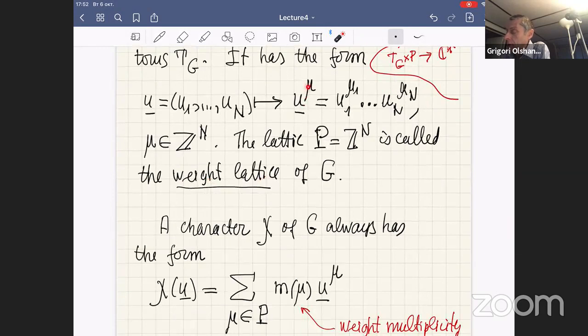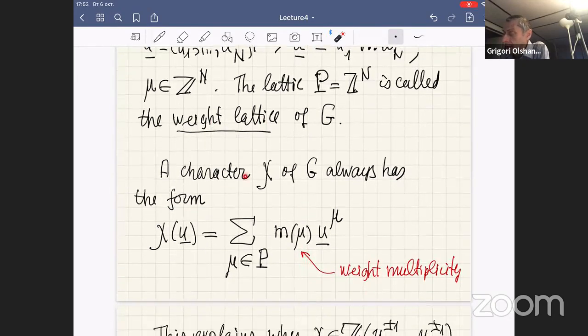Each mu is called a weight corresponding to our group. In our situation, the weight lattice is the same for all our groups in question.